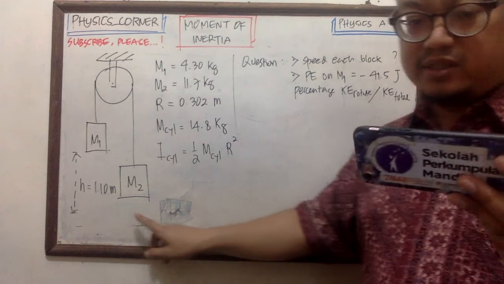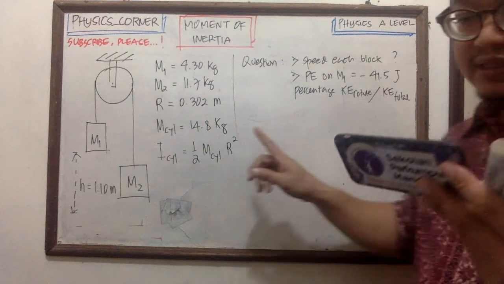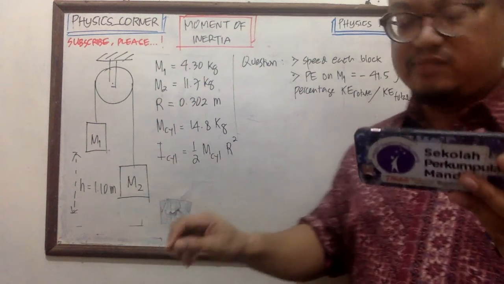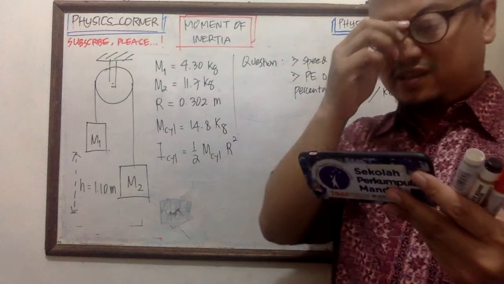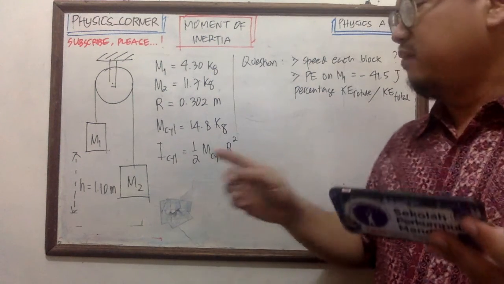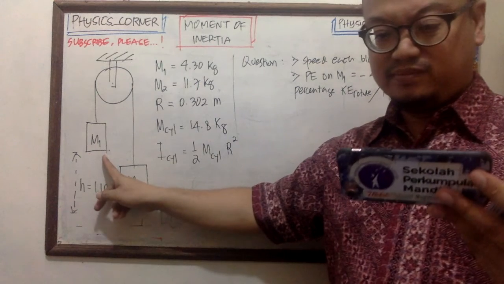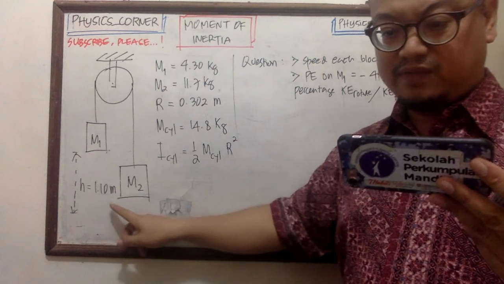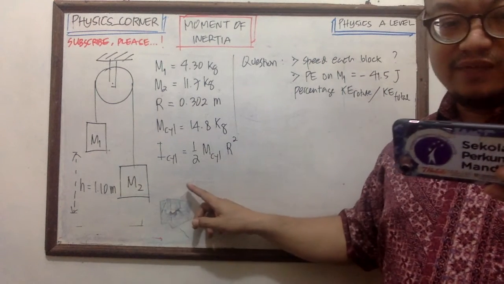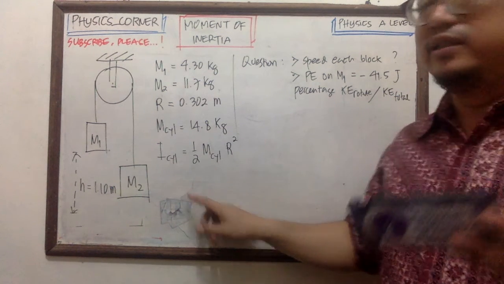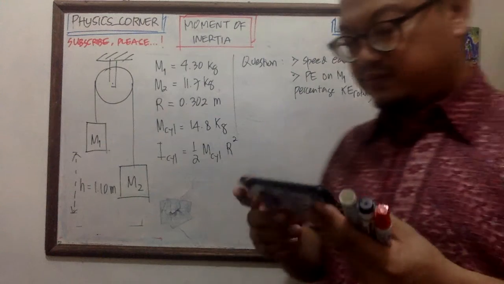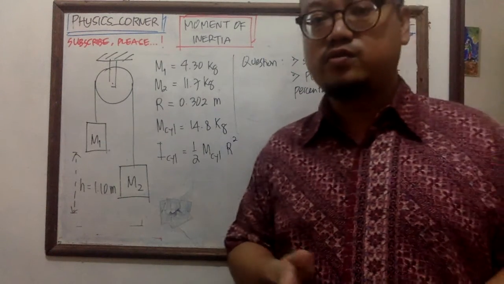Then question B: once gravity has done minus 41.5 joule of work on m1, what percentage of the total kinetic energy of the system is the rotational kinetic energy of the pulley? Okay, we try to solve this question.